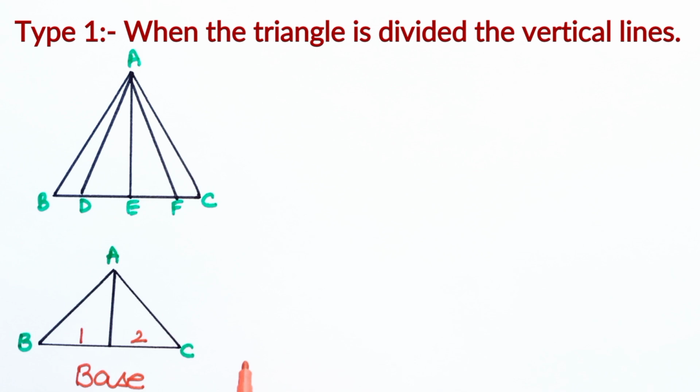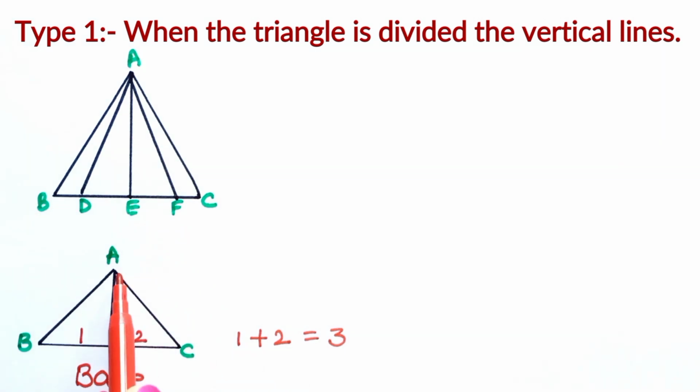And the next step is just to add these numbers: 1 plus 2 is 3. So how many triangles are present in the given figure? There are 3 triangles. So simply we have to count the number of parts of the base of the triangle in which it is divided by the vertical lines, and then add those numbers.